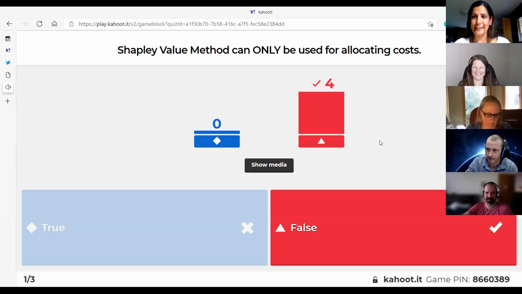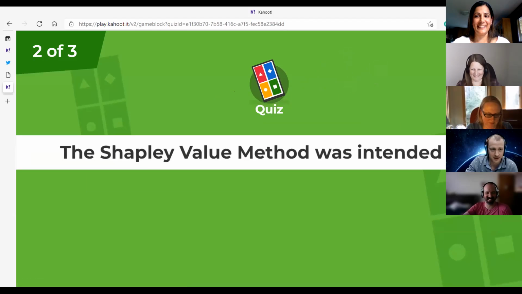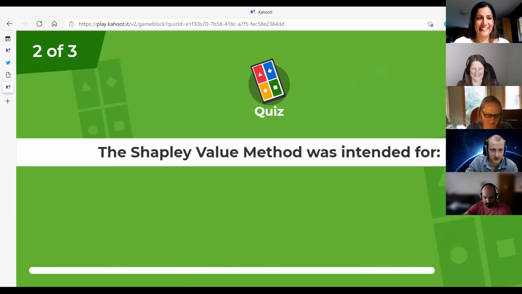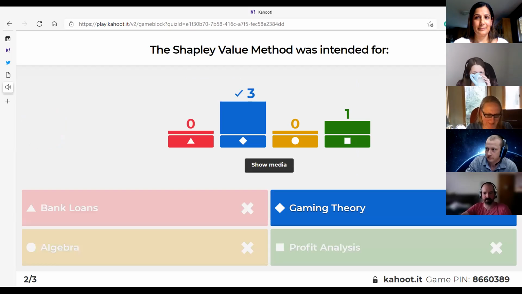Yay. Everyone got it right. Awesome. Travis, you're leading the pack here. He's fast. Oh, I don't know. So Lloyd Shapley had created it for game theory, but we use it in accounting all the time.